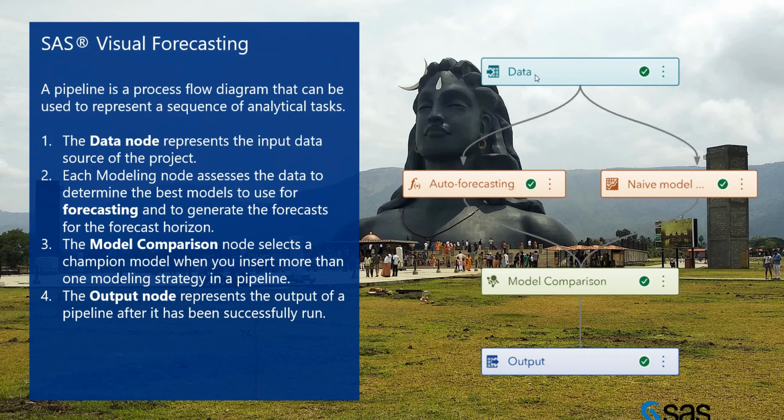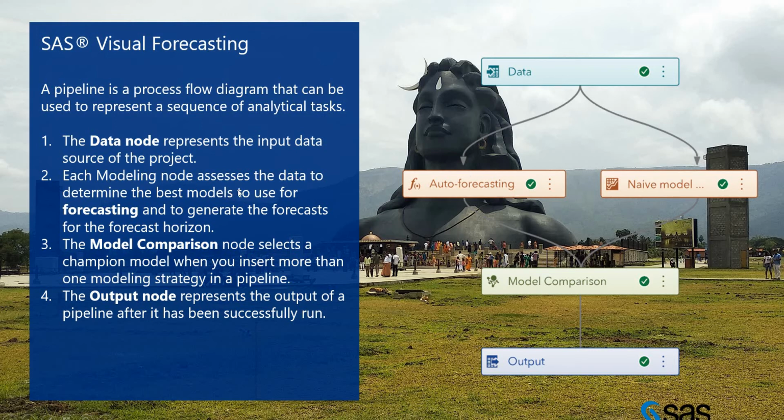Basically, these are the steps we have done on data for analysis. Let's suppose this is my data. The data node represents the input data source of the project. This is the source data, and the data we are inputting in the model.